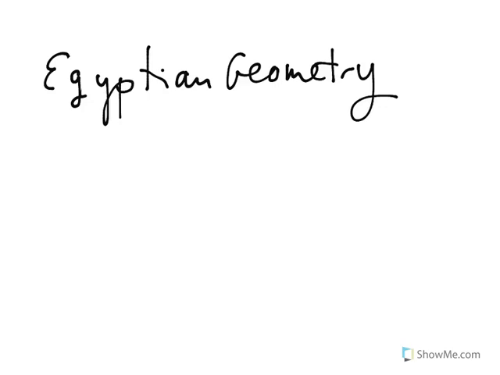Since Egypt was on the Nile River, it would overflow, and people's land borders would get sort of wiped away. So a lot of people say that this is part of the reason why in Egypt they invented a lot of formulas for area in geometry.